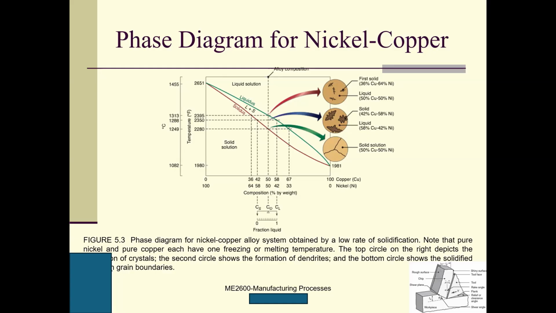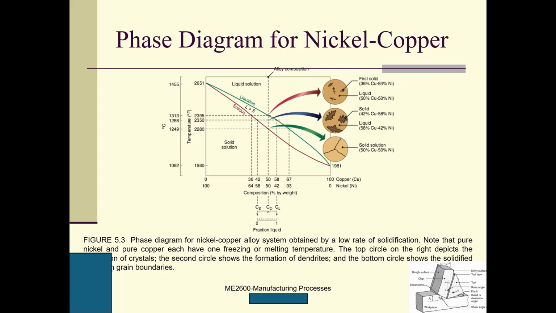So this is a solid solution, below this curve is solid. This is a liquid solution, and in between is both. Suppose we have 50-50, this kind of combination between copper and nickel. This is the alloy combination.